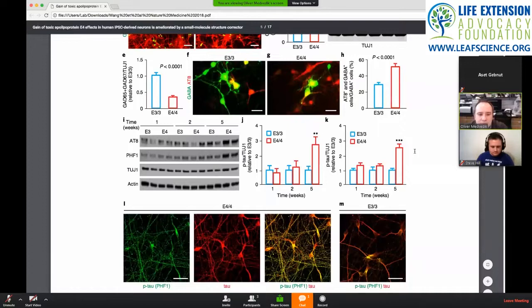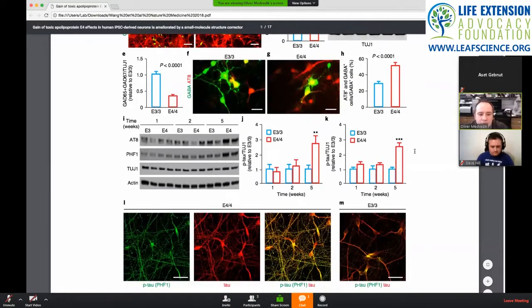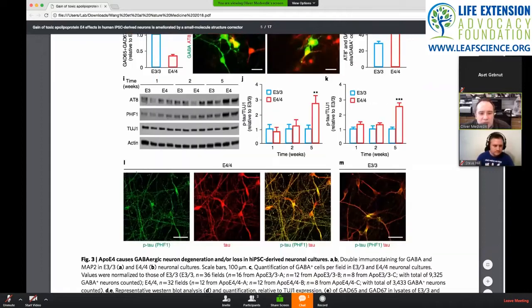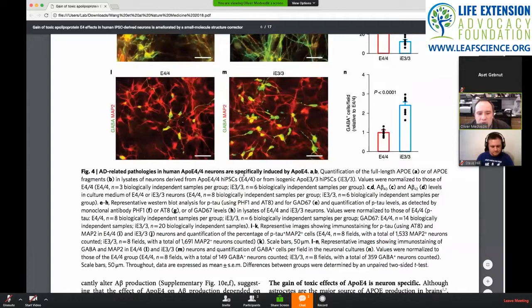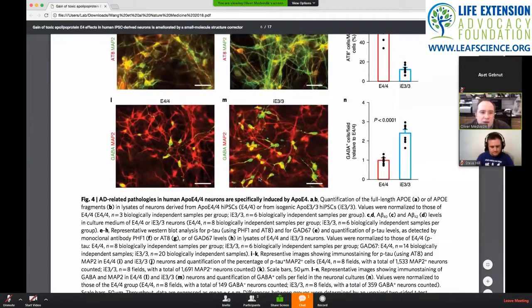Okay. Figure 4. Alzheimer's disease-related pathologies in human ApoE4 neurons, and they say E4/4 because these are homozygous, meaning both copies are mutant, not knocked out, are specifically induced by ApoE4. So they look at some of these pathologies.